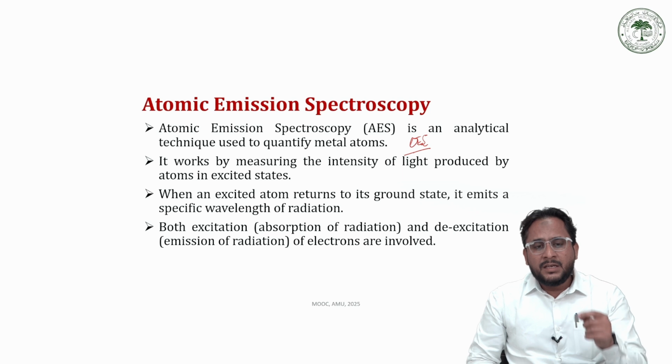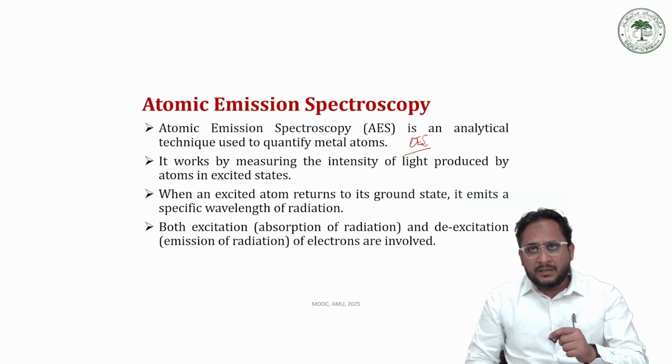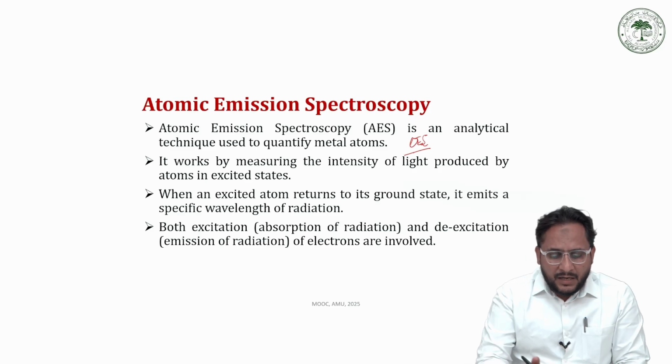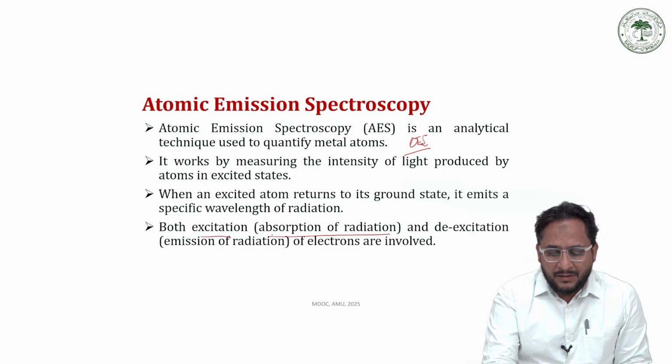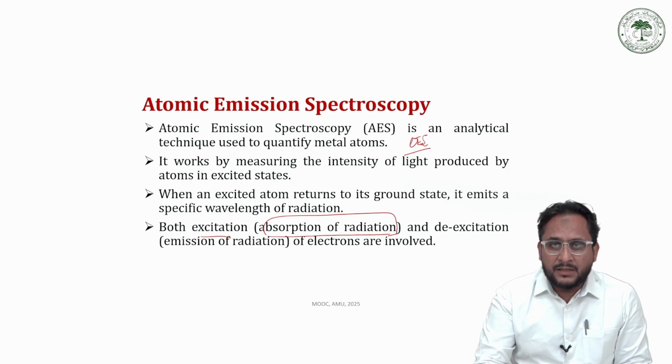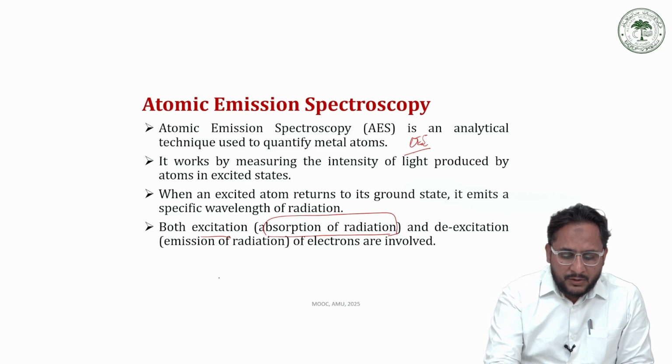In this technique, both excitation as well as de-excitation occur during the analysis. Excitation occurs not by light but by the absorption of heat radiation provided by the atomizer, whose job is to atomize the sample as well as excite the sample.